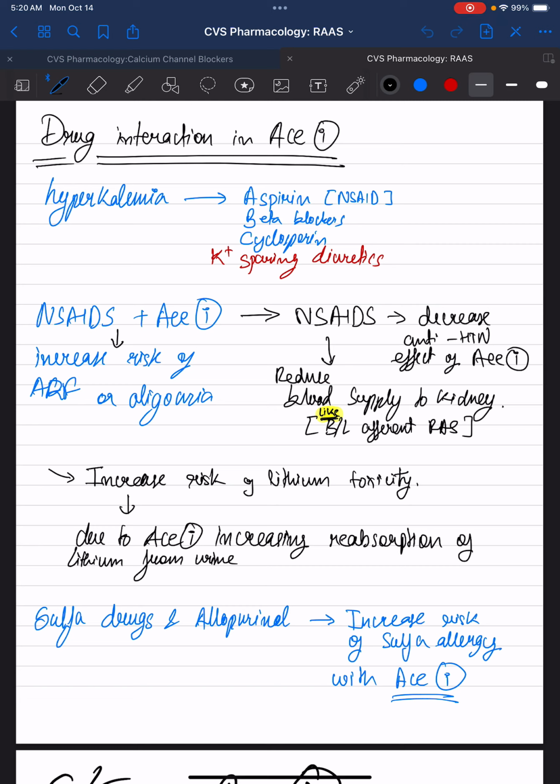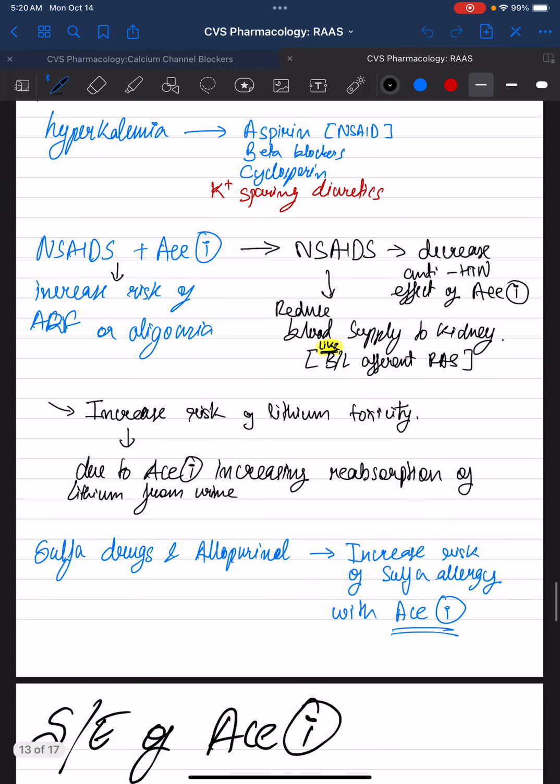So it is like bilateral efferent renal artery stenosis. It also increases the risk of lithium toxicity due to ACE inhibitors increasing reabsorption of lithium from the urine.